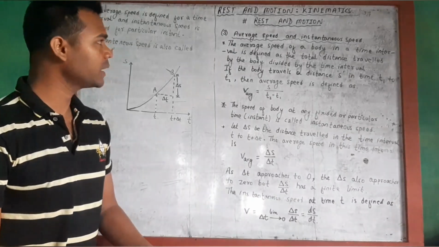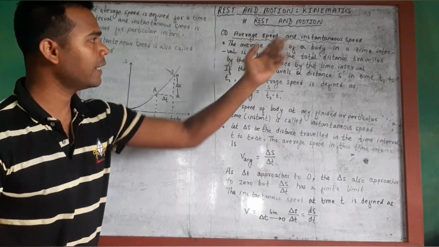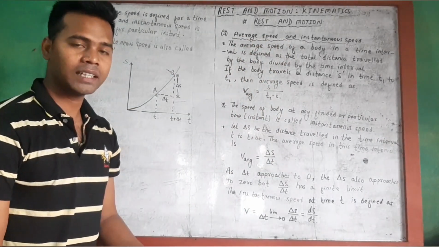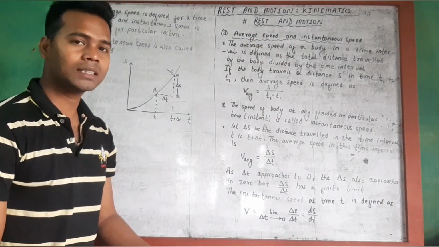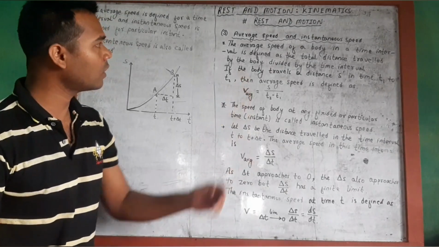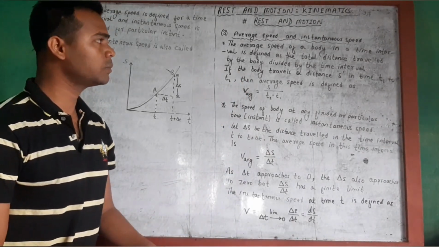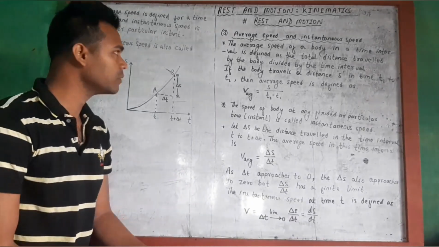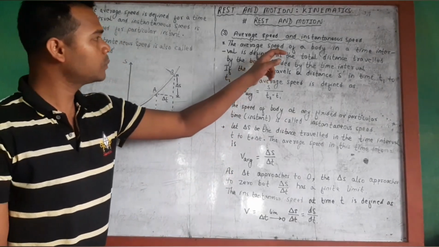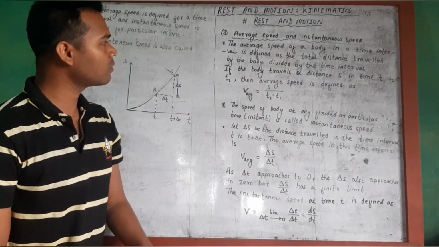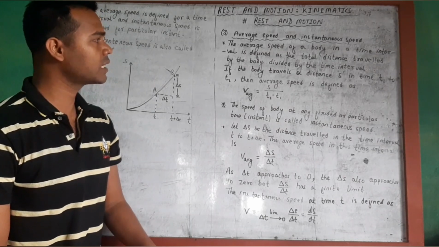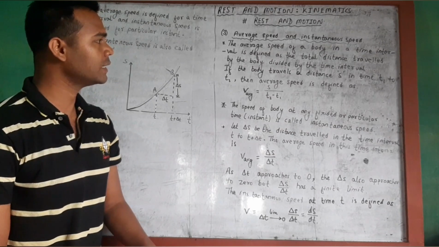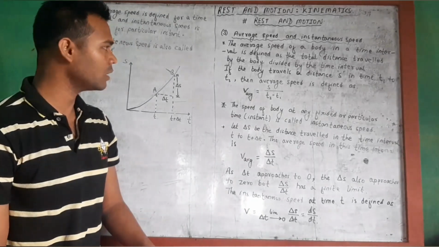Here our next topic is average speed and instantaneous speed. Speed is a scalar quantity. Okay, now let's understand average speed and instantaneous speed. The average speed of a body in a time interval is defined as the total distance traveled by the body divided by the time interval.